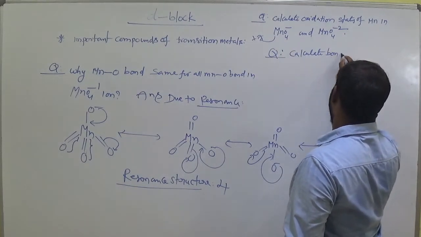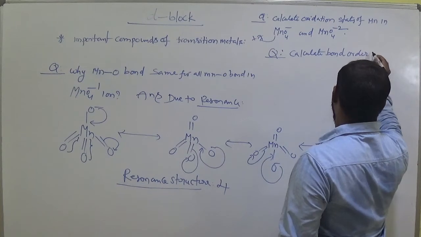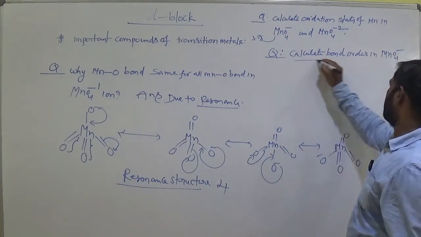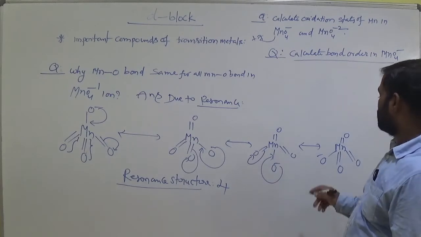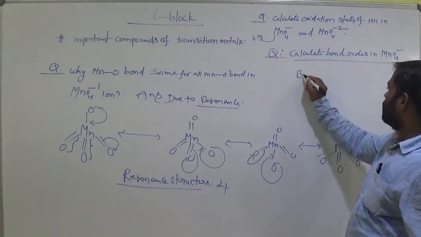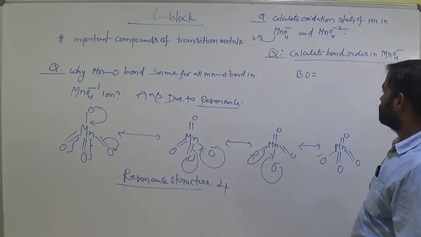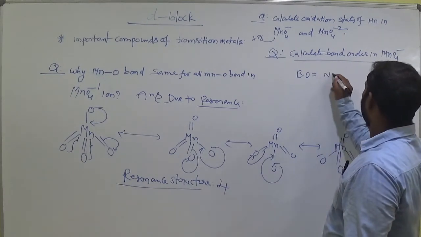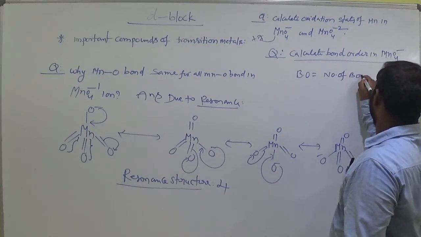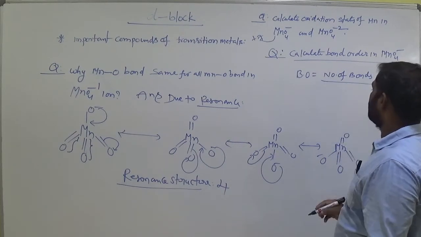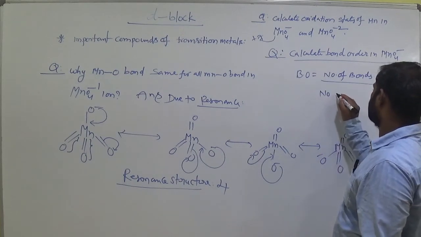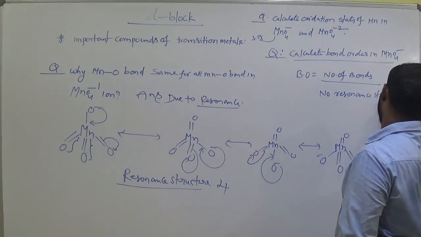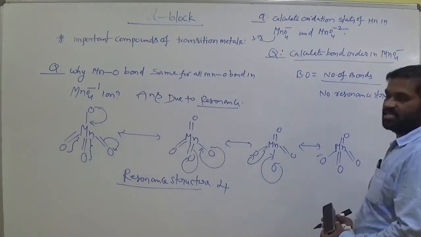Calculate the bond order in MnO4 minus. Bond order means the number of bonds by the number of resonating structures.